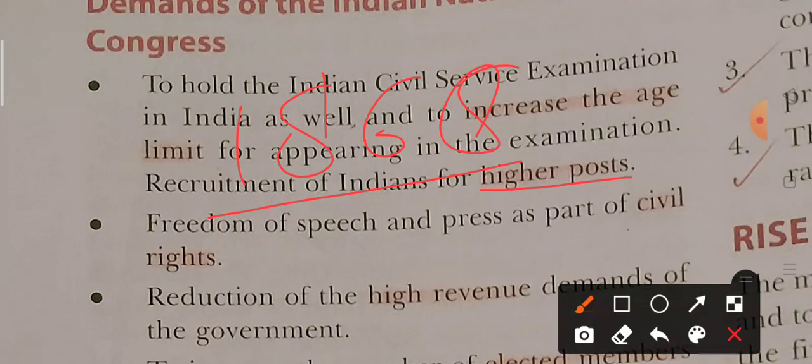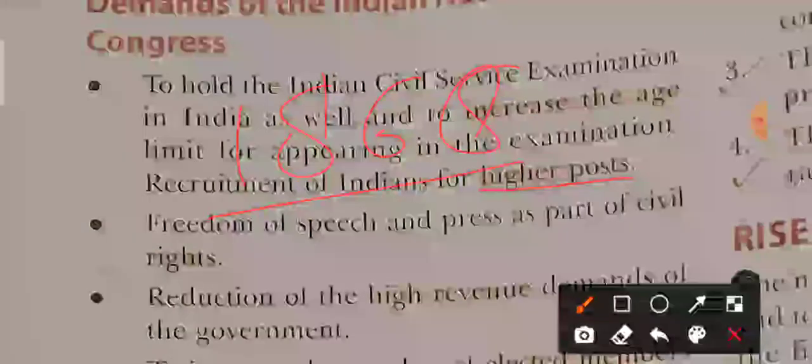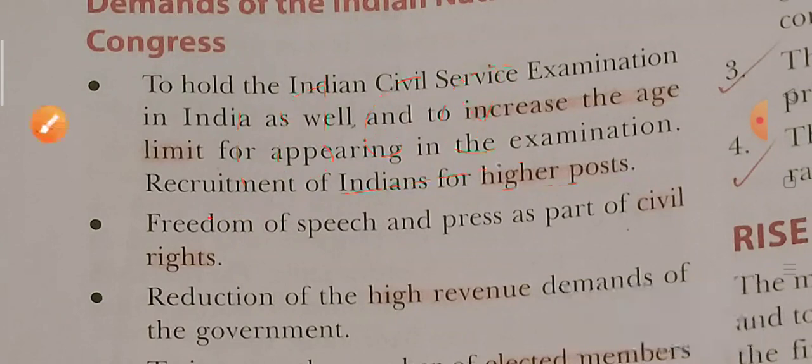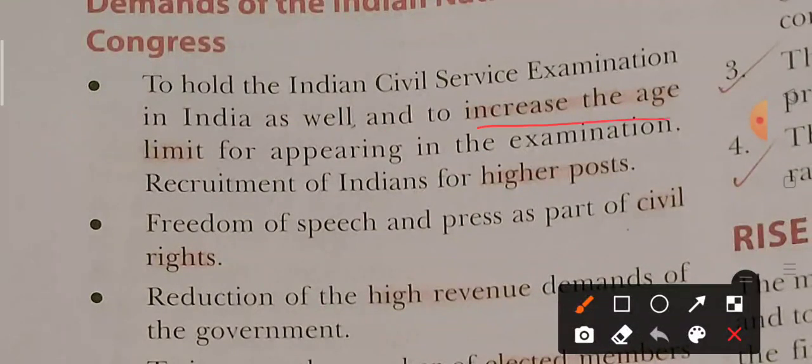After Queen Victoria's announcement and intervention, he became an assistant collector in Assam, in the district of Sylhet. But sometimes he was also eliminated by his superiors. So this was the discriminatory policy. It was the first demand: increase the age limit and higher posts.